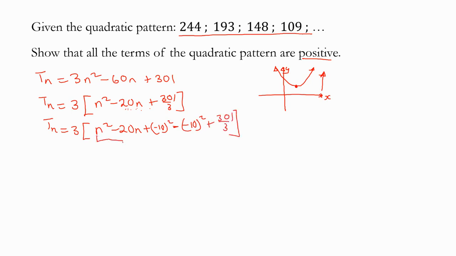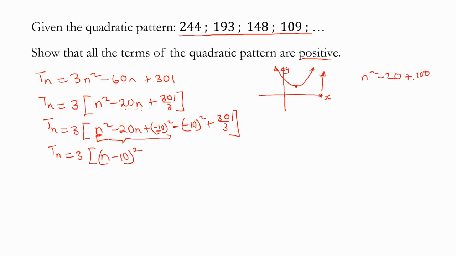We factorize the first 3 terms here. So what do they give us? Tn is equal to 3, and then you just take n and negative 10 like that. So it becomes n minus 10 squared. Okay? You can do it the long way and say n squared minus 20n plus 100. You see that?